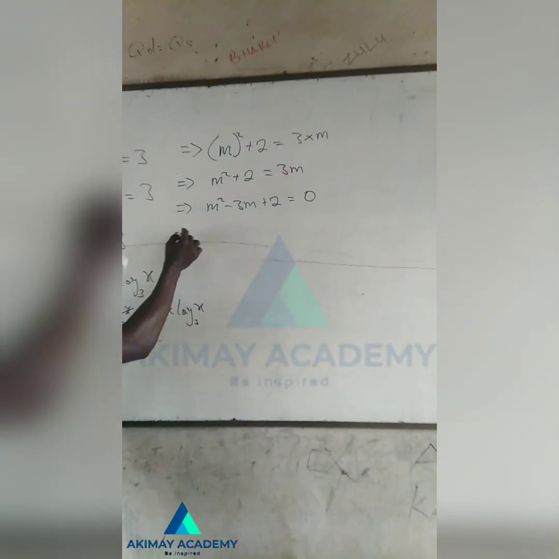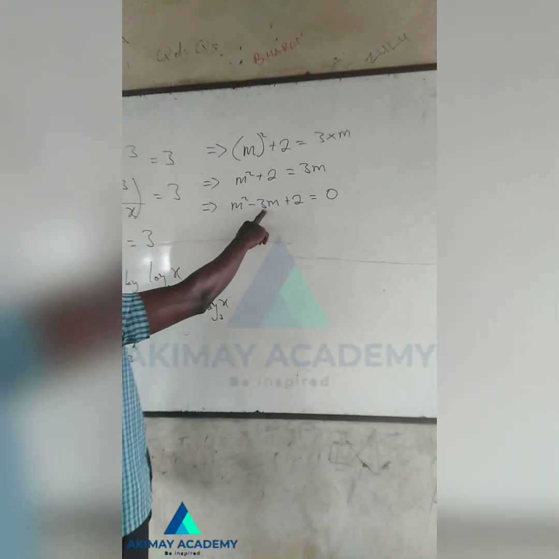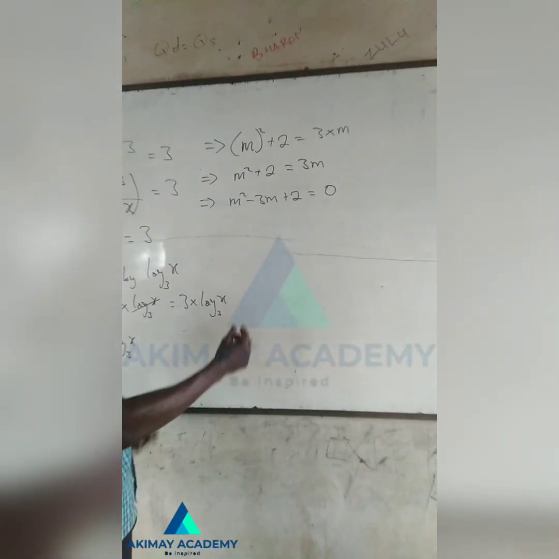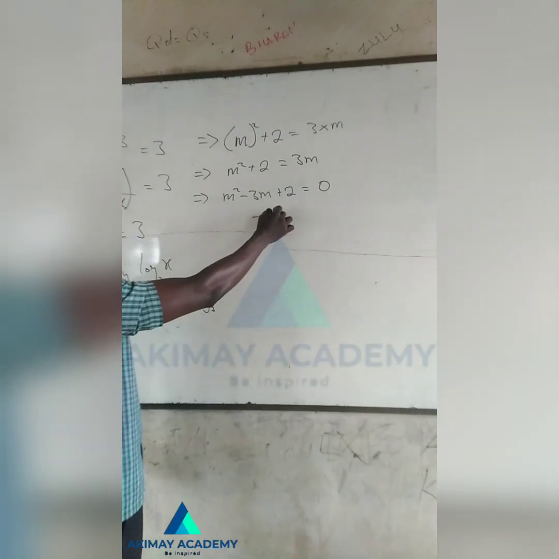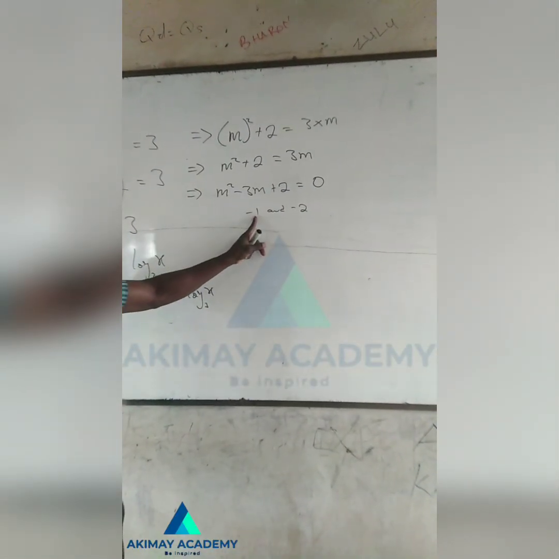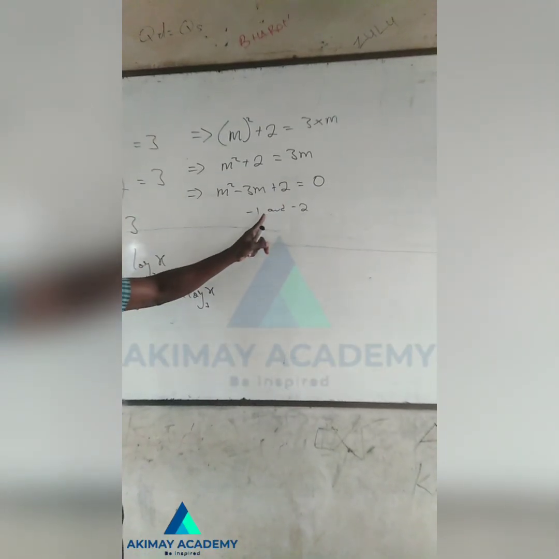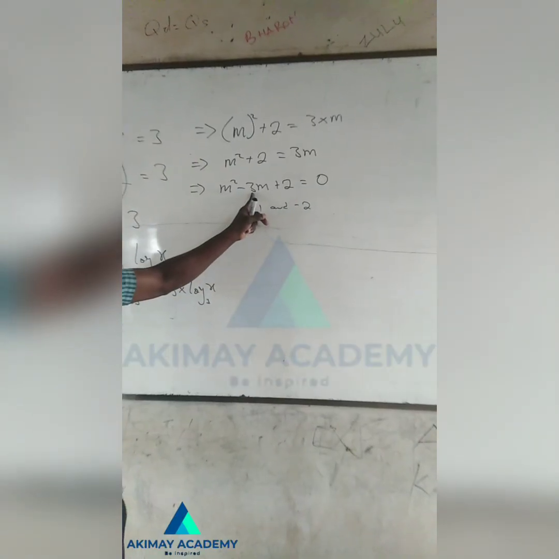And so let's use factorization. So here we have minus 3 and 2, and we need the two factors. So we are going to have minus 1 and minus 2, right? Well, minus 1 times minus 2 gives us this 2. And minus 1 plus minus 2 gives us minus 3.